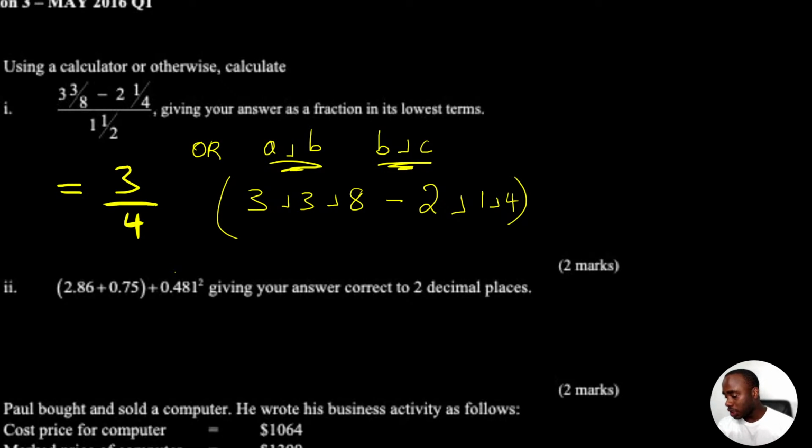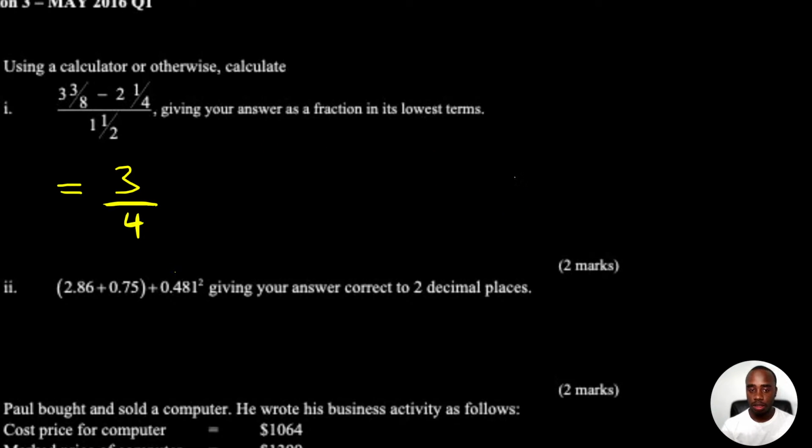For those who want us to, I see somebody say work it the long way. Alright, no problem. Let's do that. So let me rub out what I have here. It's 3 3/8 minus 2 1/4. So now let's think about the fraction. The key is just to make sure that you can have your equivalent fractions.